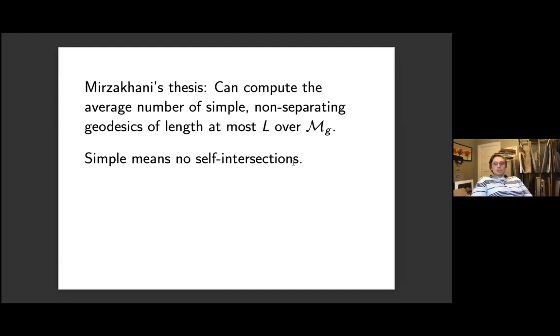Here, simple means no self-intersections, and non-separating just means it doesn't disconnect the surface. You can ignore non-separating. It's a minor issue here. She also lets you do it for separating geodesics, but it turns out it's the non-separating geodesics that are typical.